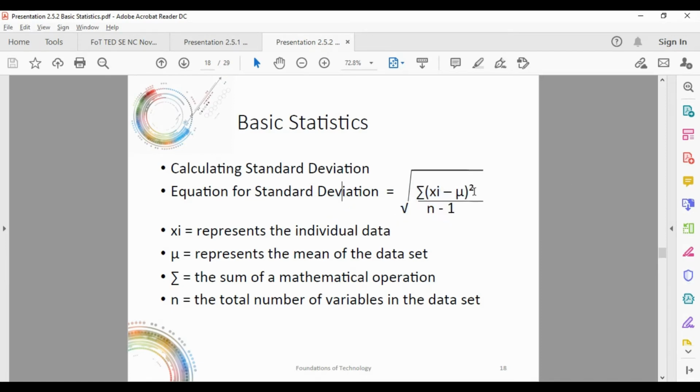Okay? Now the thing about this is not the formula that I used in class. It is the same formula, but it's not the notation that I used in class. Instead of using this kind of weird looking μ, which is actually pronounced mu, we used X bar. We actually used X with a bar over top. Okay?